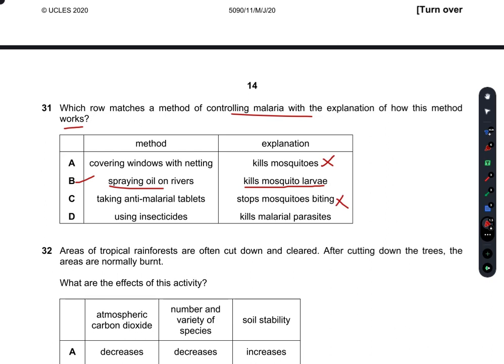Using insecticides kills malarial parasites. No, it kills the malarial vector, not the parasite. So B is the right answer, because spraying oil on the rivers destroys the habitat of the mosquito larvae, and once the habitat is destroyed, the mosquito won't survive.